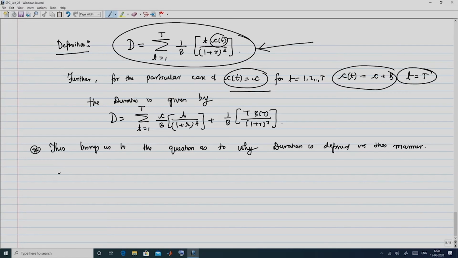Now, we will see that it eventually turns out that the duration as defined above measures the sensitivity of bond prices to yield to maturity.